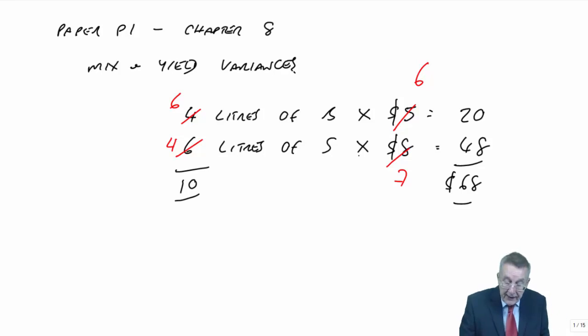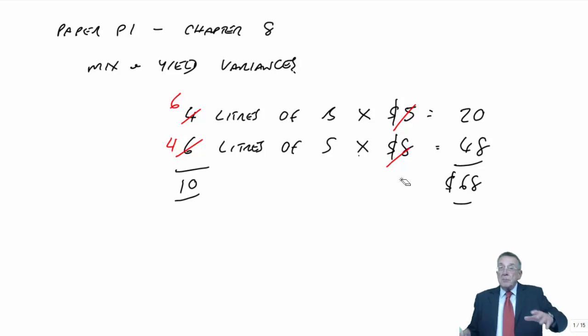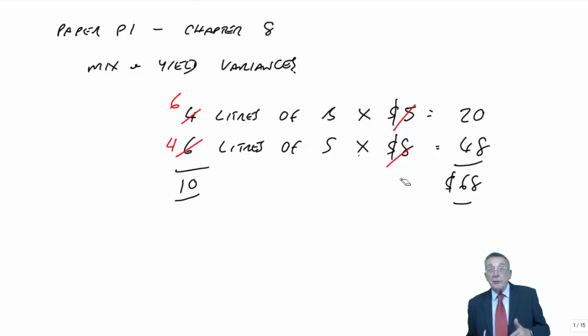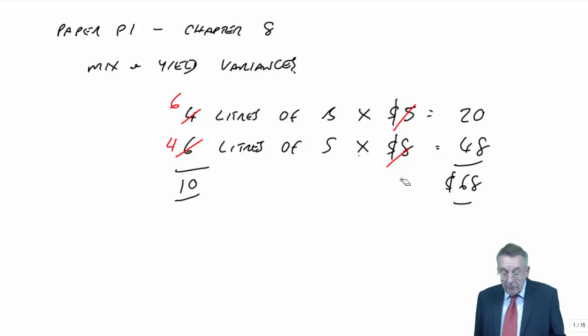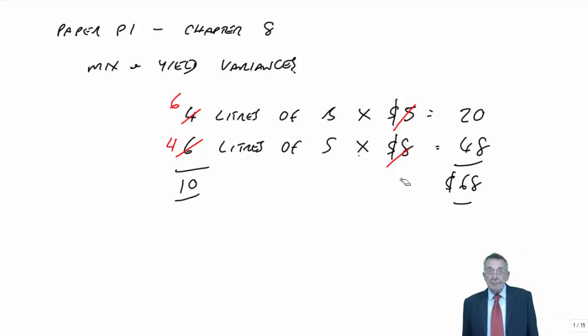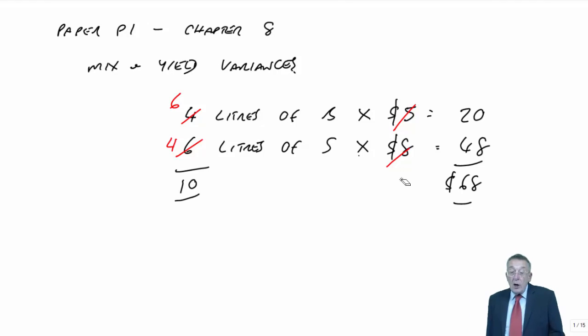And you see, even if we paid the right prices, if you use more of one and automatically, therefore, less of the other, it's going to affect the overall cost. The usage has changed. And so we're going to look at that as well, usage variance.